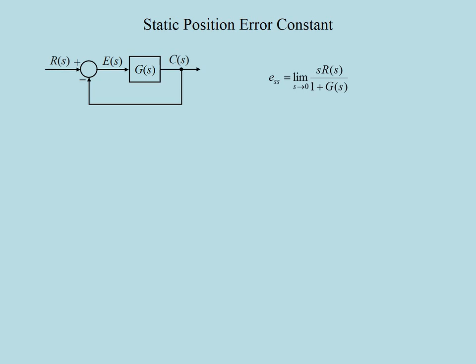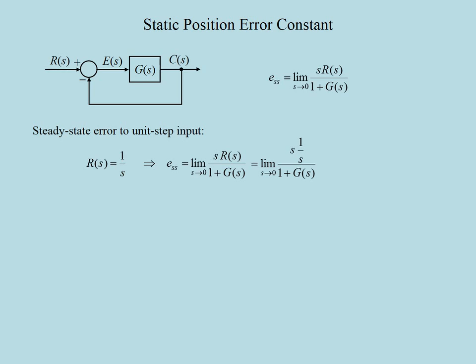Let us start with the steady-state error to the unit step input. Since in this case R(s) is 1 over s, the steady-state error will be the limit of s times 1 over s divided by 1 plus G(s). Cancelling the s variables and evaluating the limit, we get 1 over 1 plus G(0).